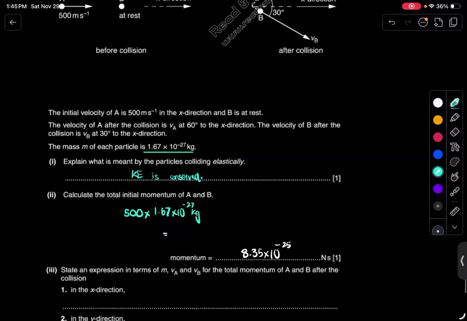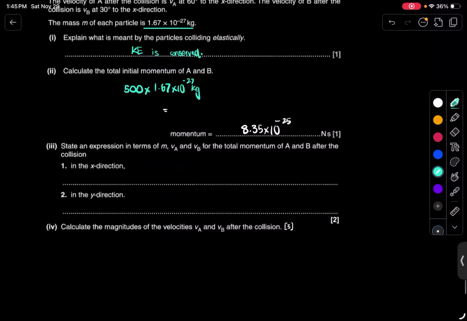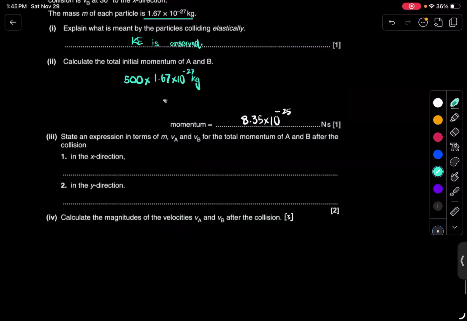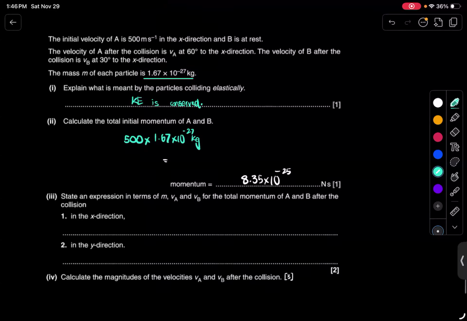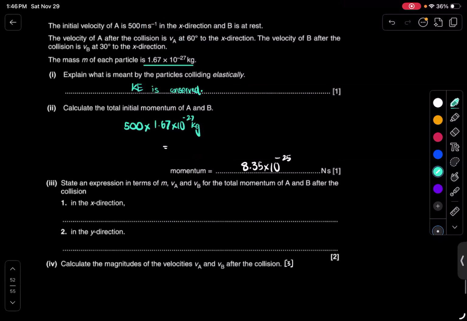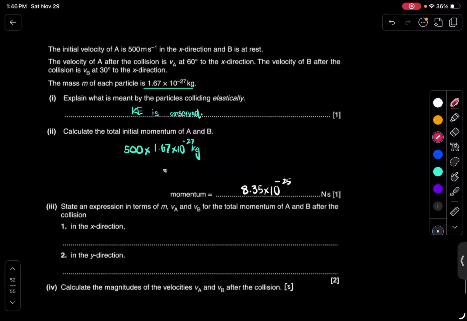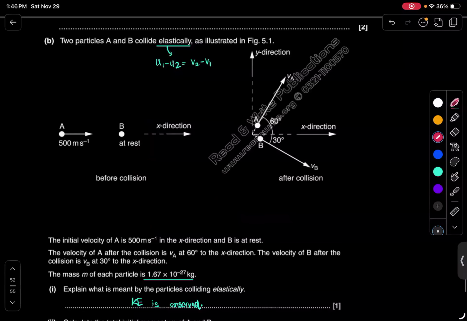Okay. State an expression in terms of M, VA, and VB for the total momentum of A and B after the collision. Total momentum after the collision in the X direction.